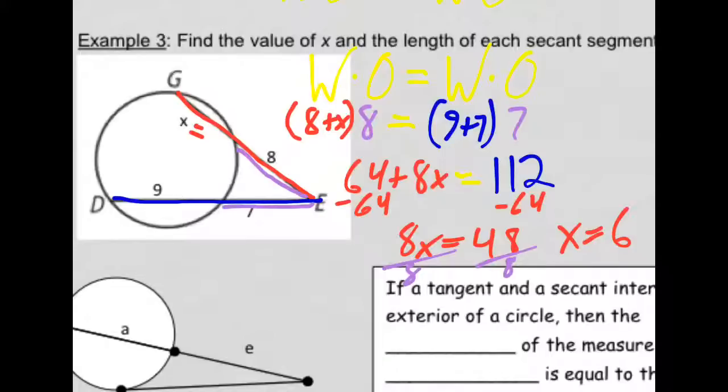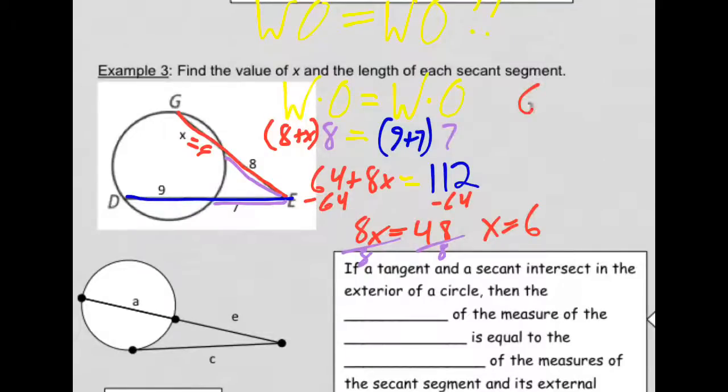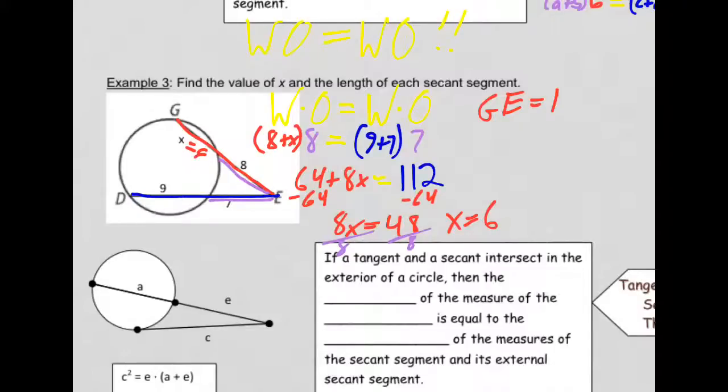So I can say x equals 6 over here, but it also wants the length of each segment, so I'm just going to say GE equals 8 plus 6, and DE equals 9 plus 7.